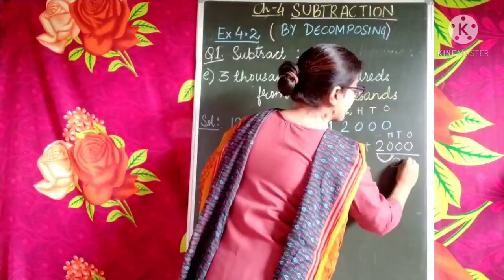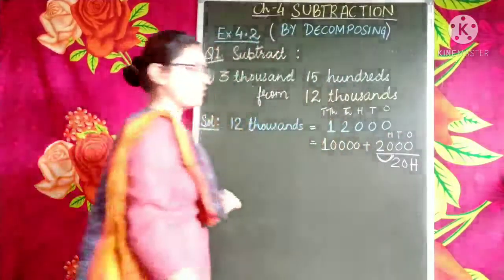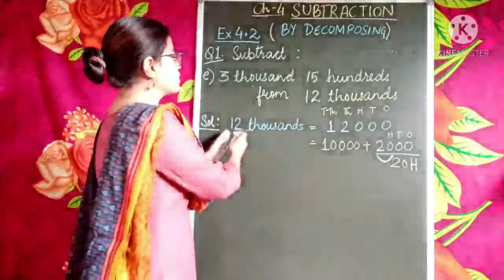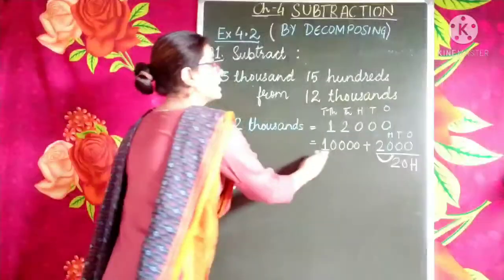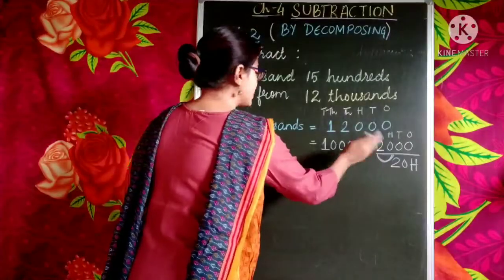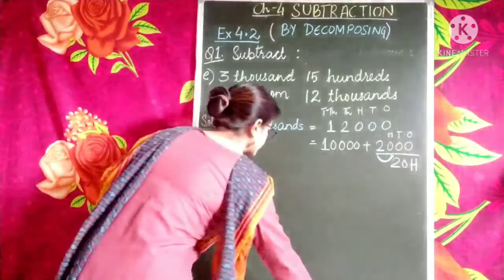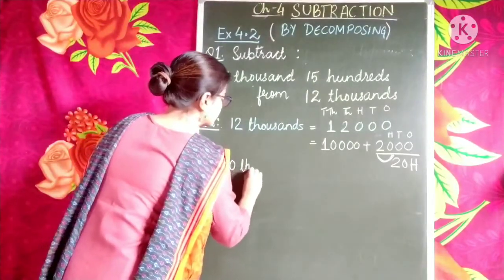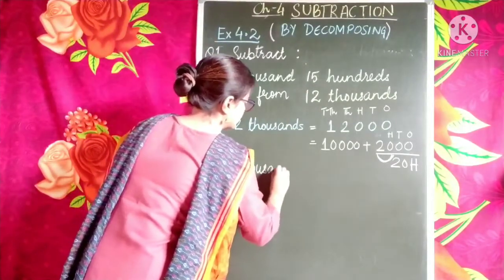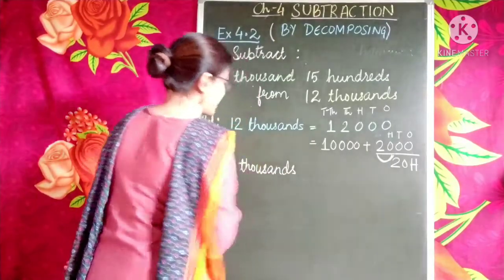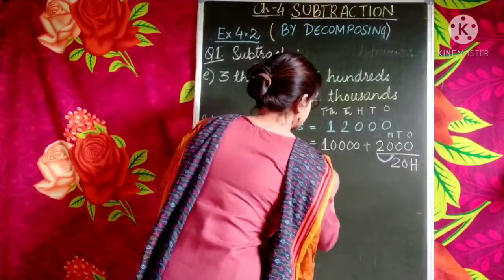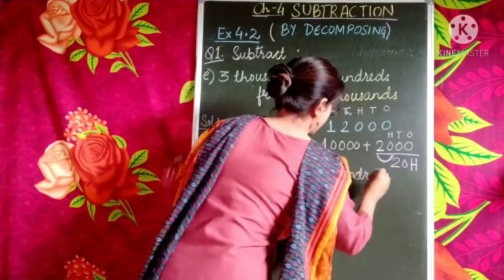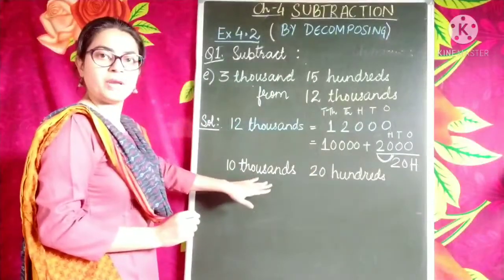We have 20 hundreds, don't we? Yes. So now we have decomposed this bigger minuend as 10,000s and 20 hundreds. So let us write it down. What do we have? 10,000s and 20 hundreds. So this is our minuend.